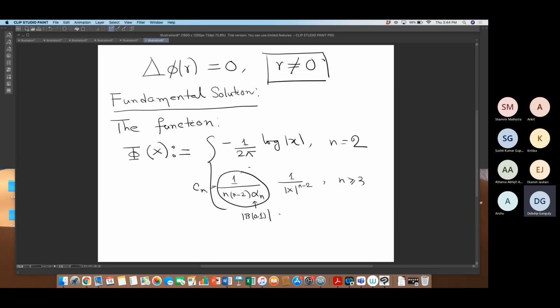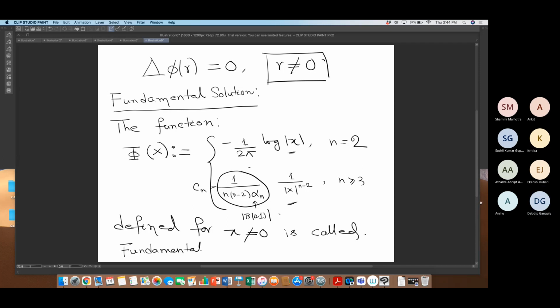This is called the fundamental solution, and this function is defined for x not equal to 0, and at the rest of the places we can define this function very nicely. For x equal to 0 I cannot define it because log mod x is not defined, and of course for x equal to 0, 1 by mod x is also not defined. It's called the fundamental solution of the Laplace equation.